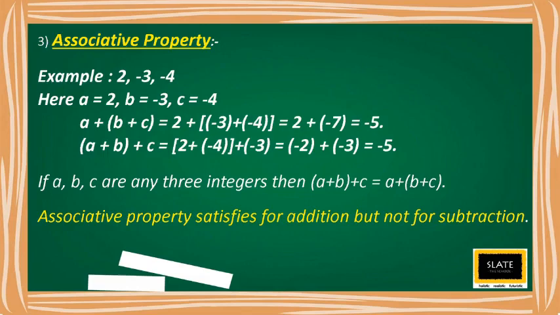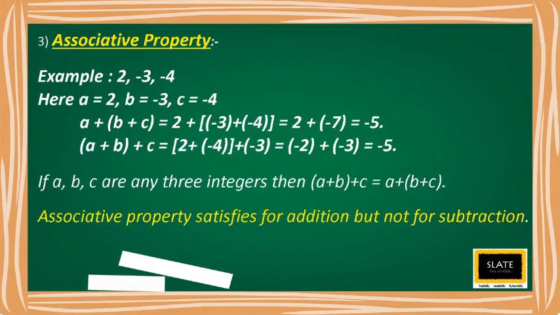Here a equal to 2, b equal to minus 3, c equal to minus 4. Let's add now. a plus b plus c is equal to 2 plus minus 3 plus minus 4. That is equal to 2 plus minus 7, which gives you minus 5.